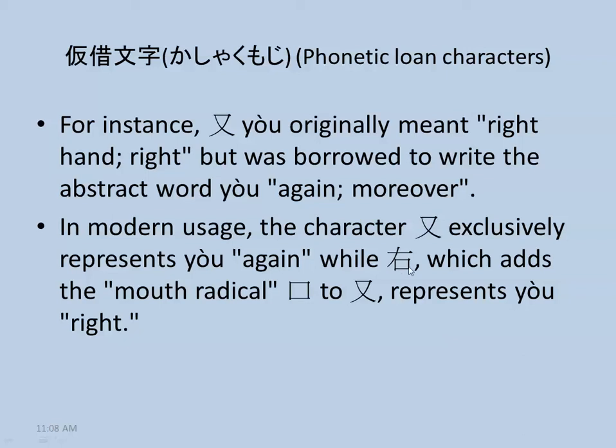And now this character, which adds the mouth radical to a variant of hand, represents yo, or right hand. I know, it's a little hard to wrap your brain around. Think of it a little bit like people who write the numeral 4 instead of writing FOR in English.